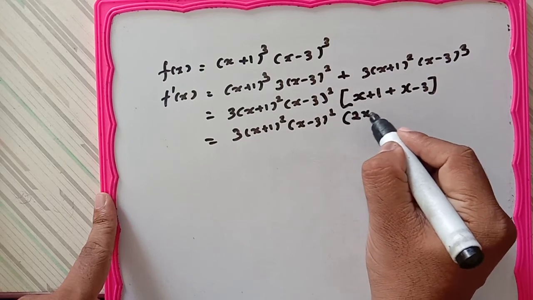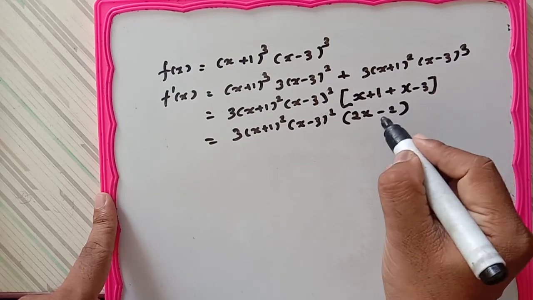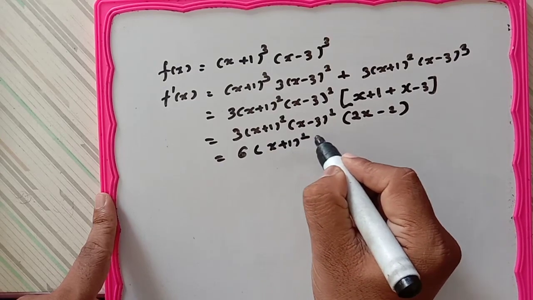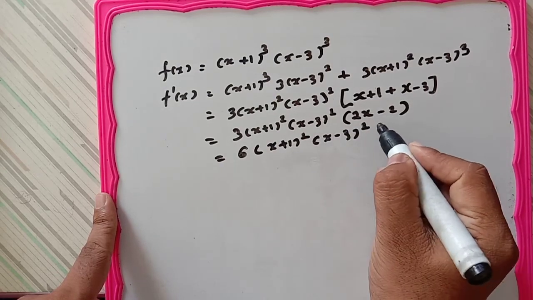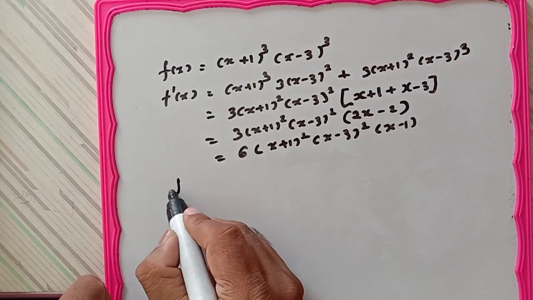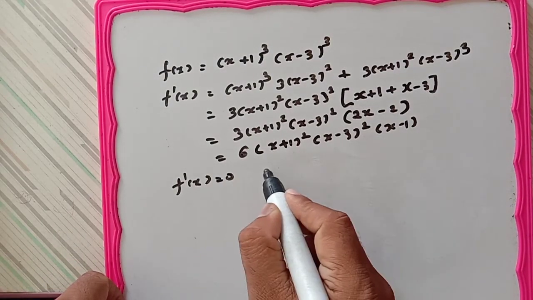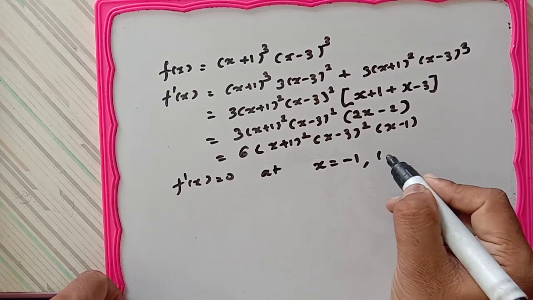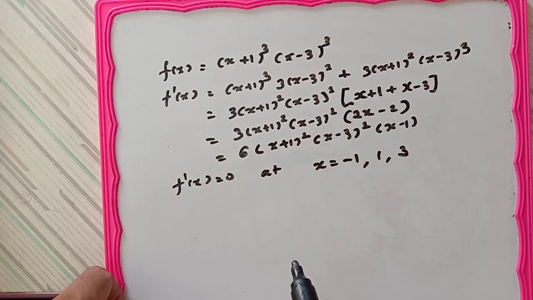So 2x minus 2. So 2 take out common, then 6, x plus 1 square, x minus 3 square, x minus 1. And so here f dash x equals to 0, at x equals to minus 1, 1 and 3.